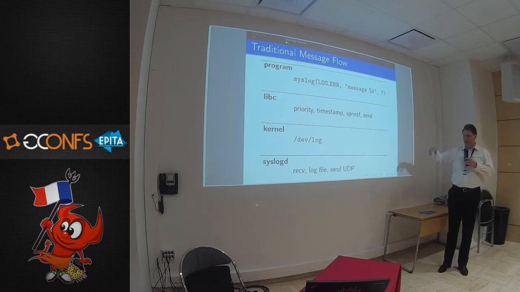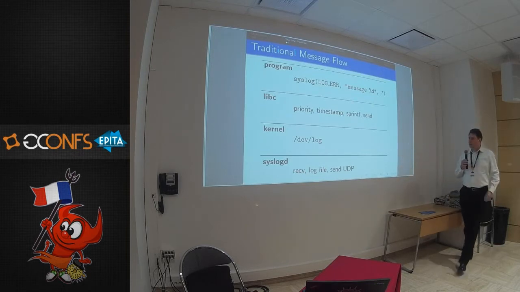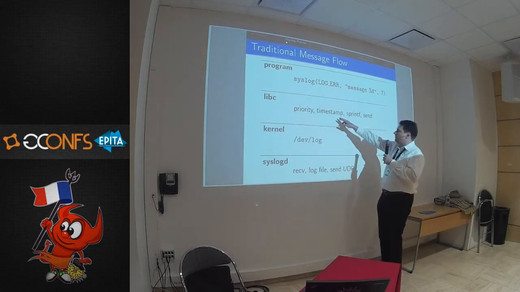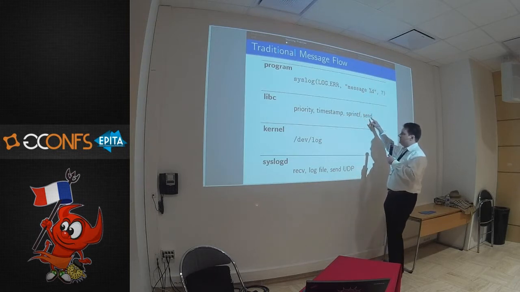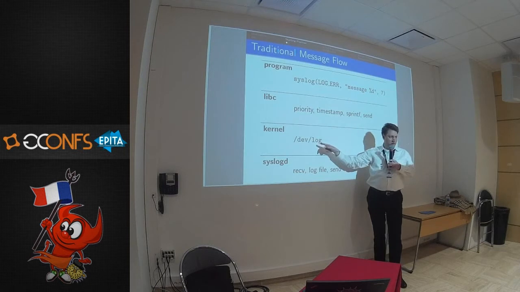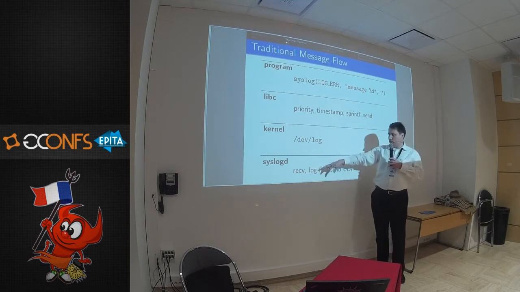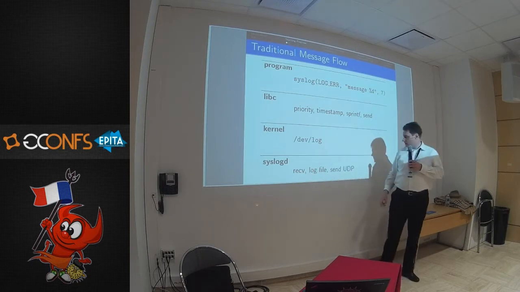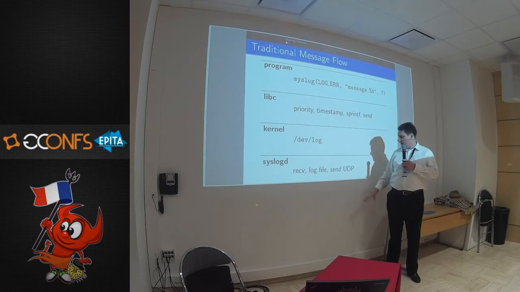Then everything goes to libc. There, the priority is processed, so this is converted to a number. You have timestamps that are added there. The print is done, and then it's sent to /dev/log. That's a Unix domain socket, and the syslogd is listening on that. So then the syslogd is receiving the message, writes it to a log file, or sends it via UDP.